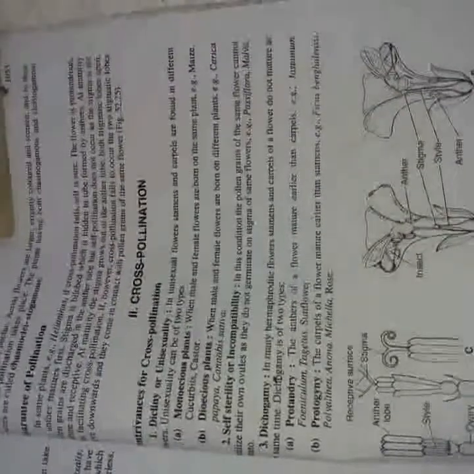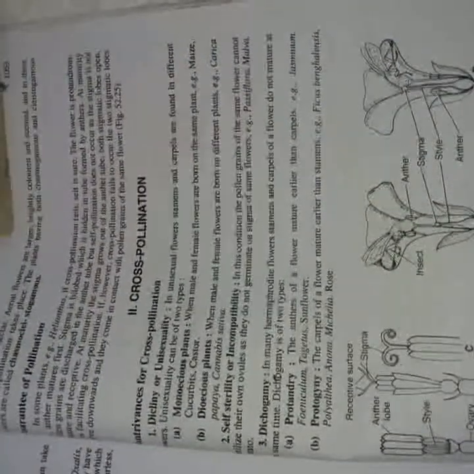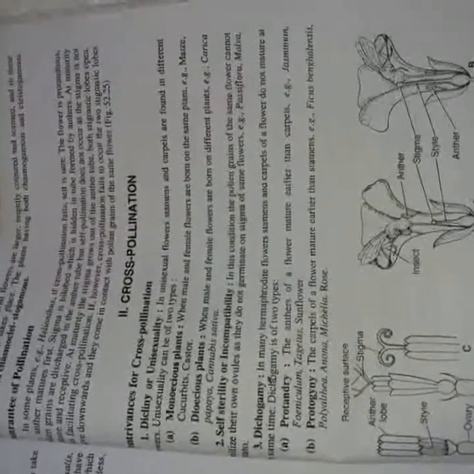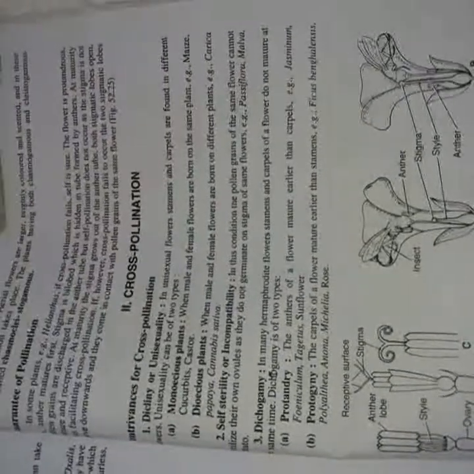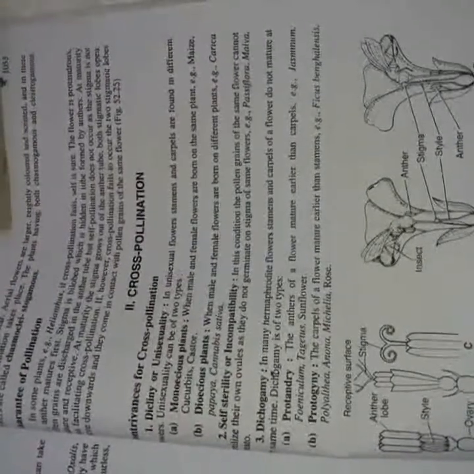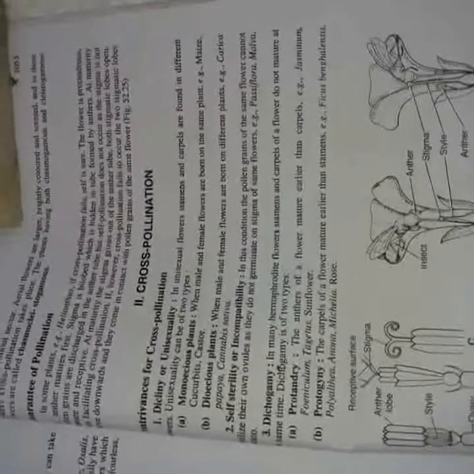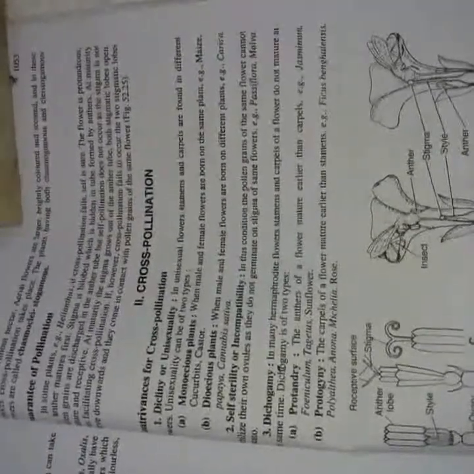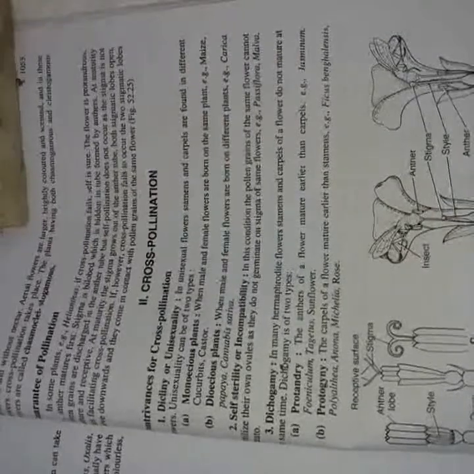The next condition is self-sterility or incompatibility. In this condition, the pollen grains of the same flower cannot fertilize their own ovules as they do not germinate on the stigma of the same flower.